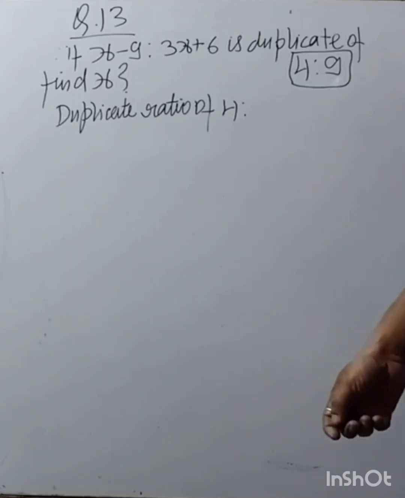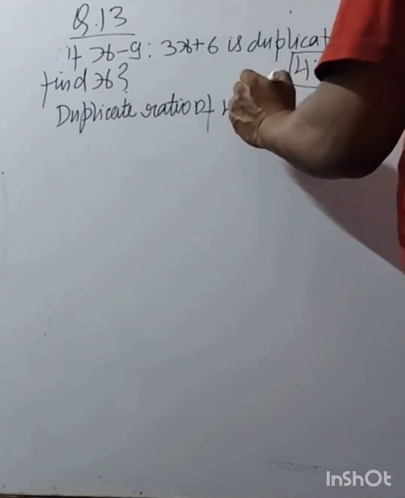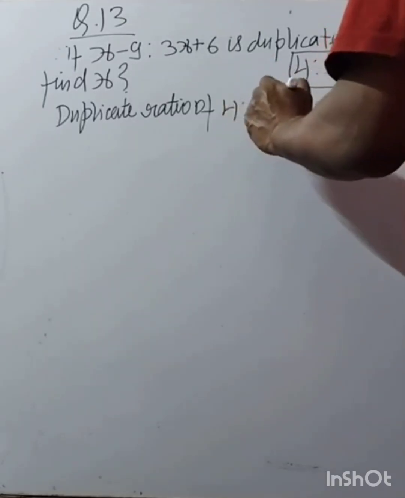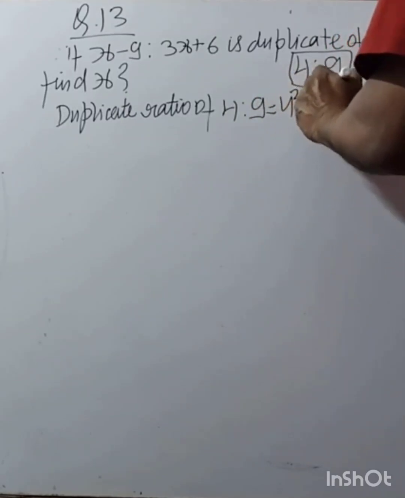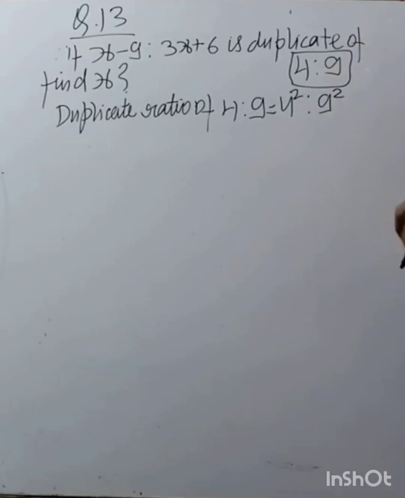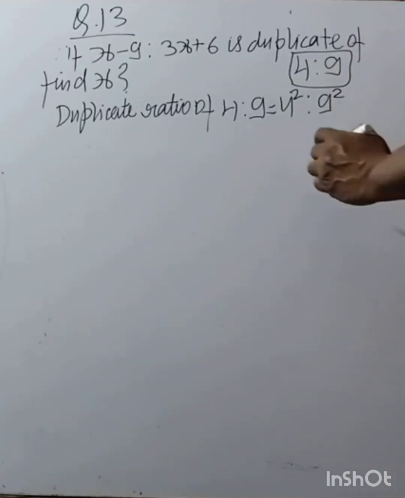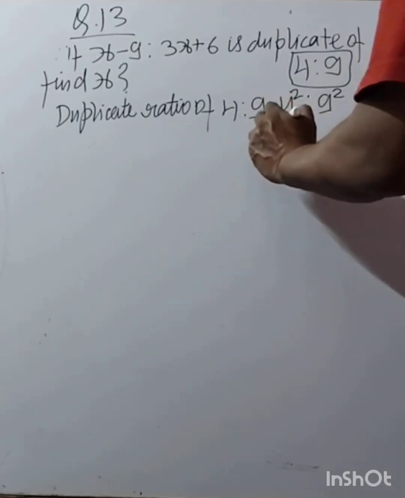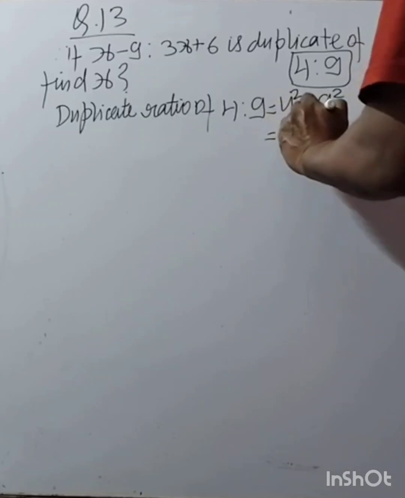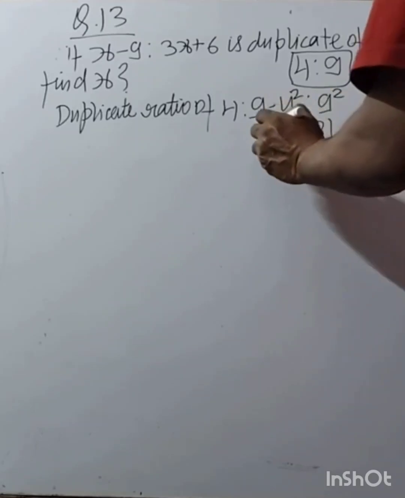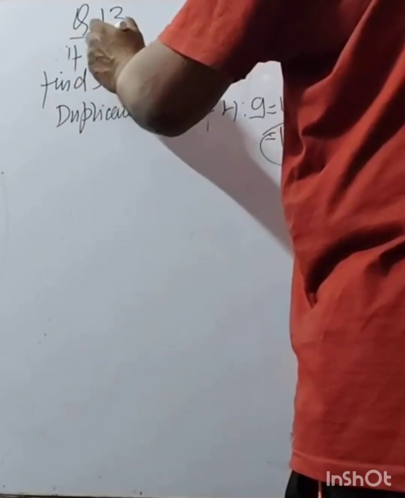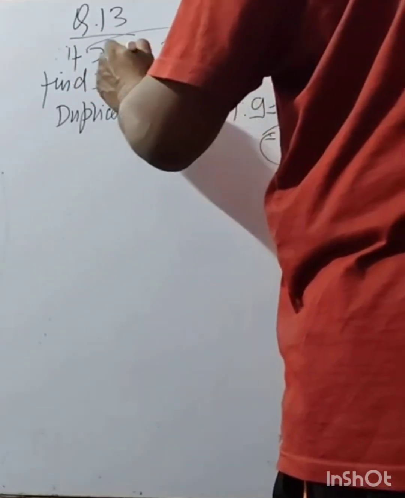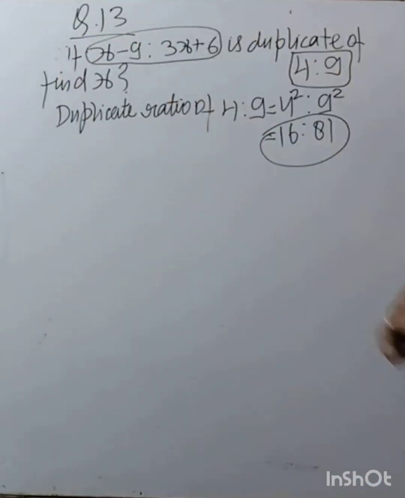So the ratio 4:9 is equal to 4 square ratio 9 square. So it becomes how much? 16 ratio 81. And this is equal to this because it is given, right?